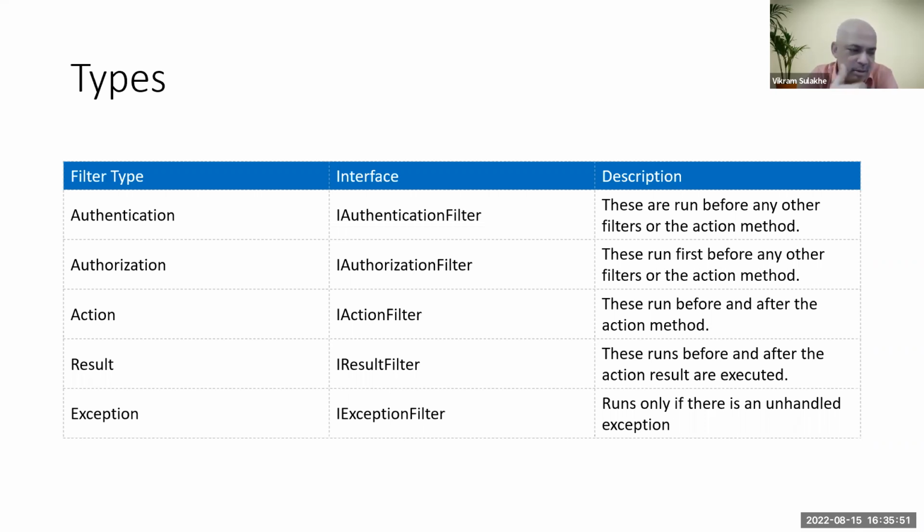The action filter runs when you call your action method, before the method and after the method. So you have a pre and a post. Before the method happens, you could write some code, and after it happens, you could also write some code.